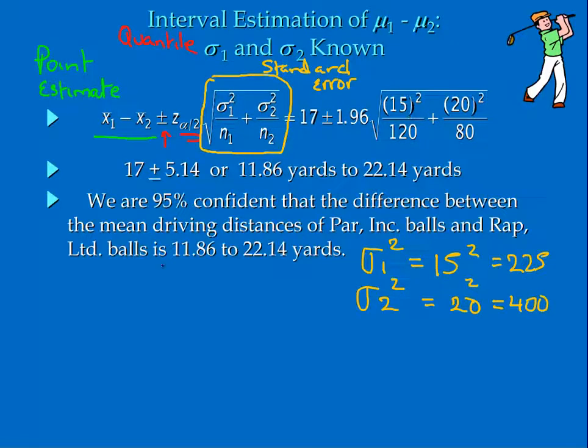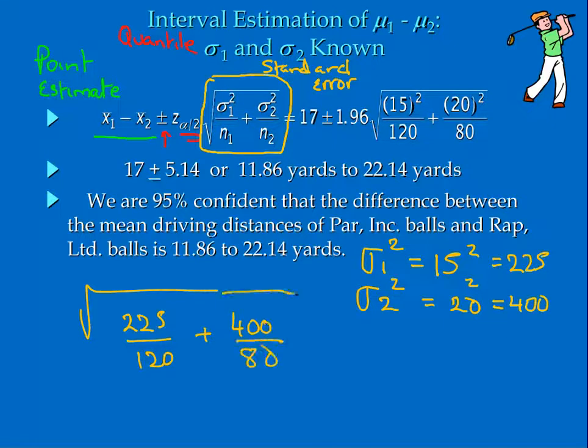So it's 225 divided by 120 plus 400 divided by 80, and we would work that out. Then we multiply it by 1.96 as well. Okay, and that works out to be 5.14.